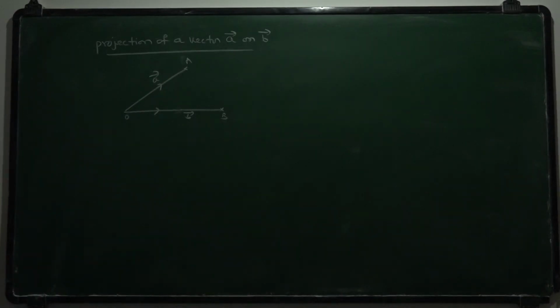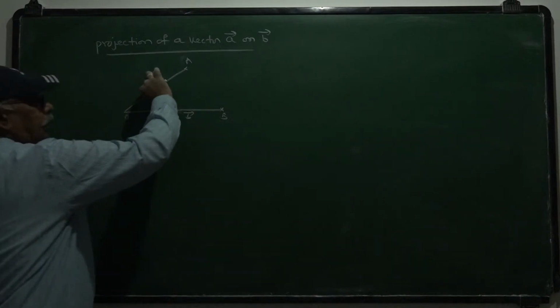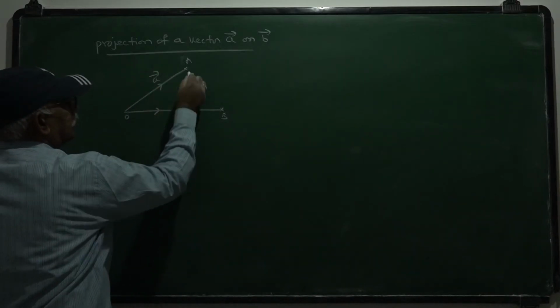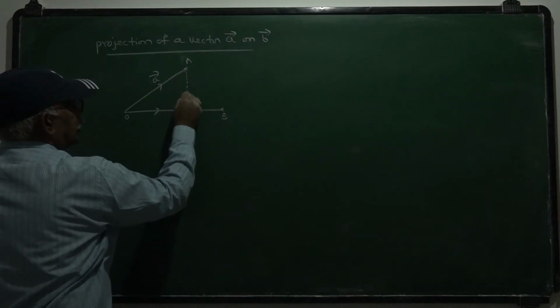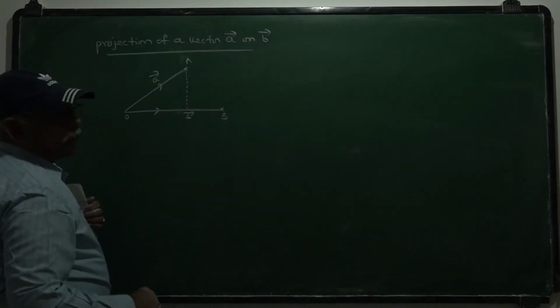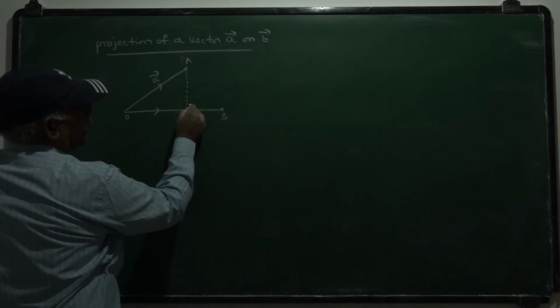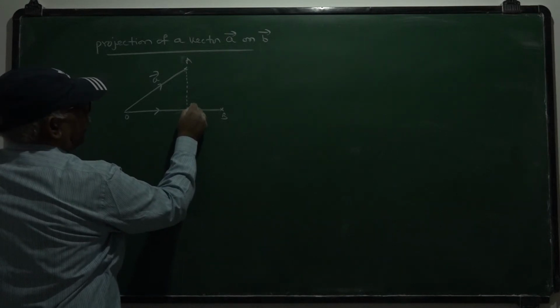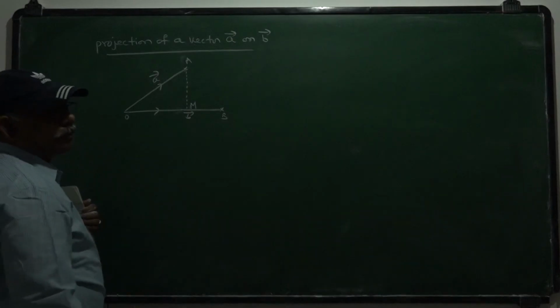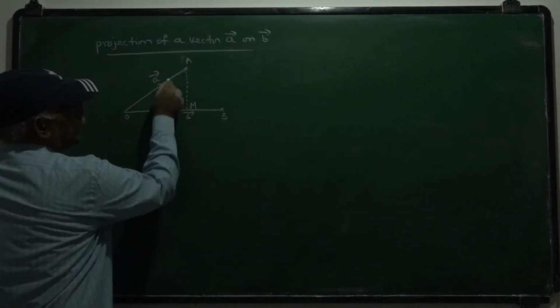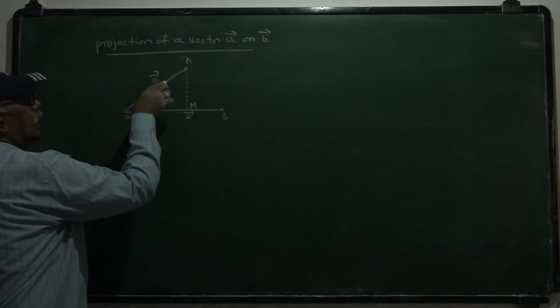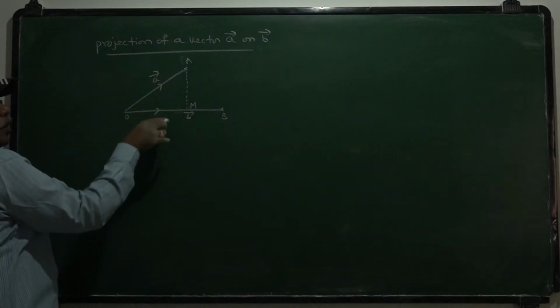The projection of A bar on B bar: once you drop the perpendicular and consider the foot of the perpendicular, let us suppose M, then OM is nothing but the vector component of A bar along B bar.